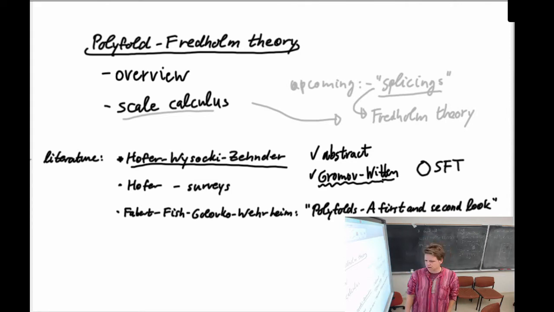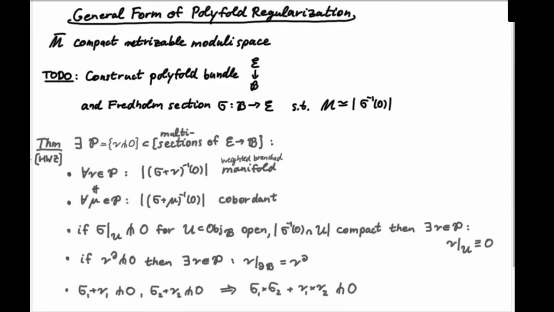So, let's say I was trying to prove a step in the Arnold conjecture proof using the SFT polyfold setup. Then what I would need is to write down my compact moduli spaces as usual.